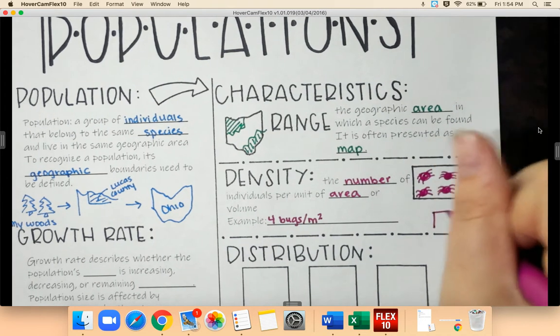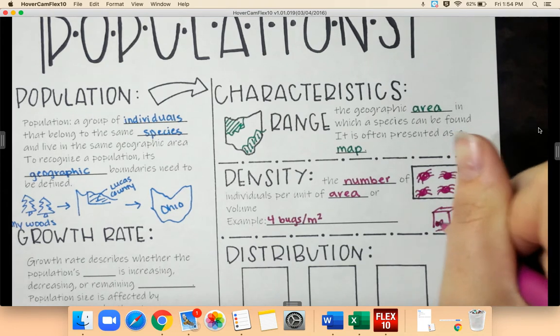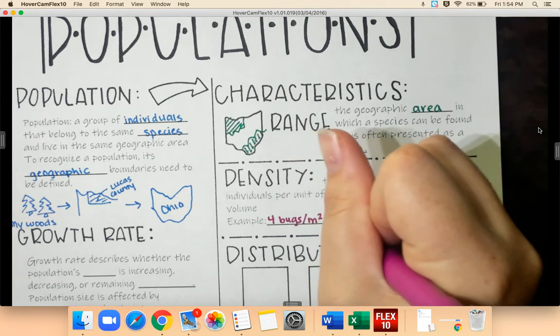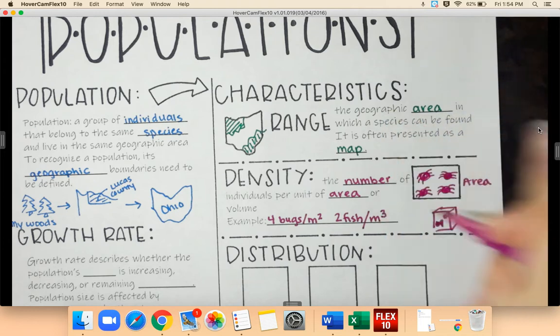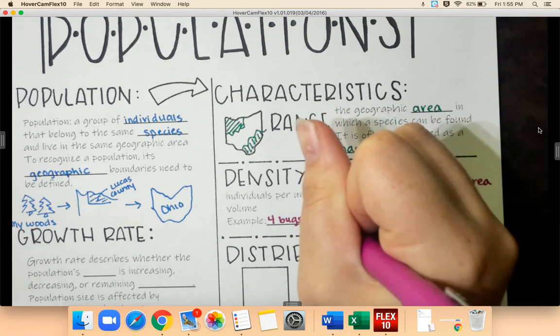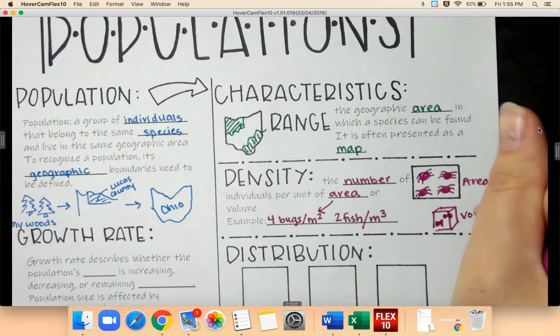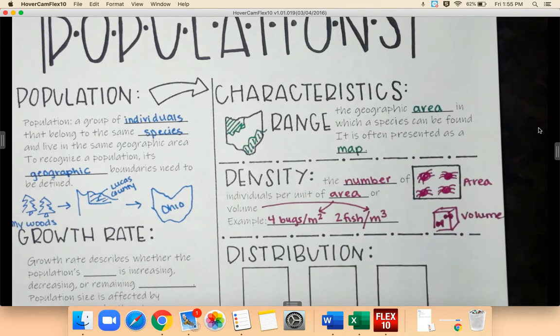Or we could do it in volume. Maybe we have a fish tank and we have 2 fish per meters cubed. So area is squared and volume is cubed.